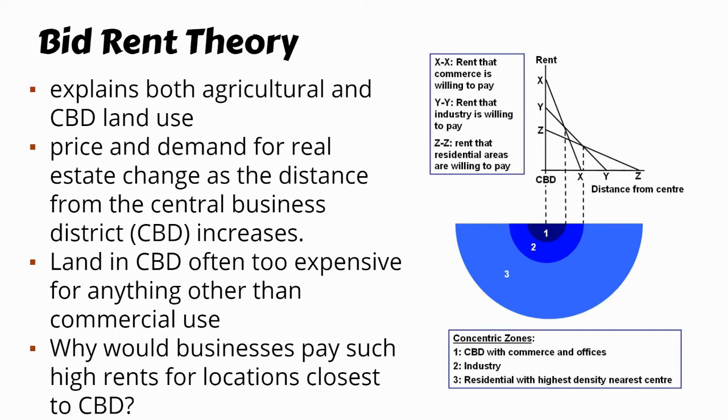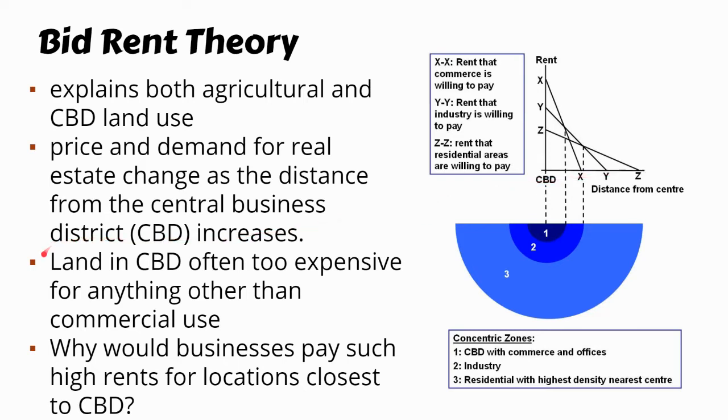And now, bid rent theory is applicable to both urban and agriculture. And as you know, the closer you get to the city, in this case the city center or the CBD, the higher the cost of the land, and the further away you get, the lower the land rent becomes.